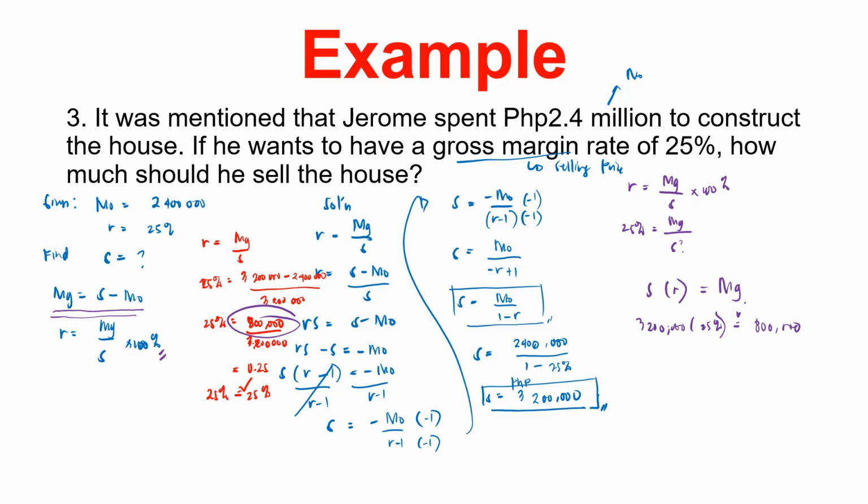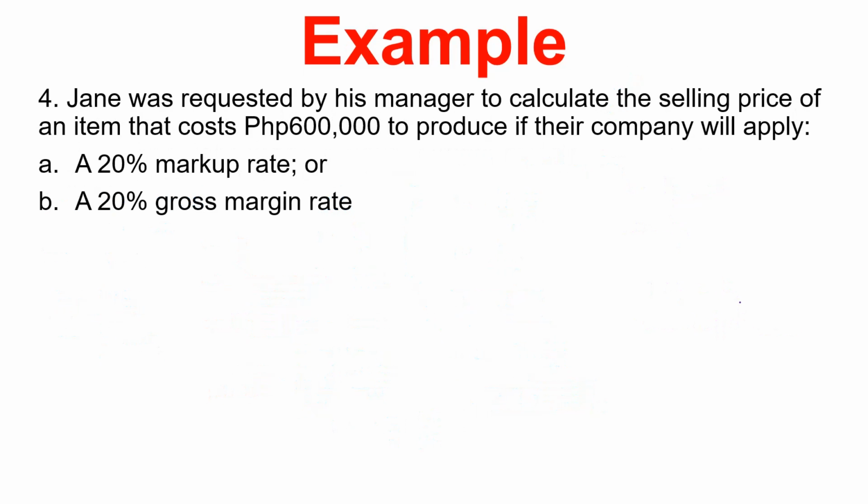Okay? So, next. Jane was requested by his manager to calculate the selling price of an item that costs 600,000 to produce if their company will apply a 20% markup rate or a 20% gross margin rate. Okay? So, si Jane ay napag-utusan ng kanyang manager. So, list down natin yung given.